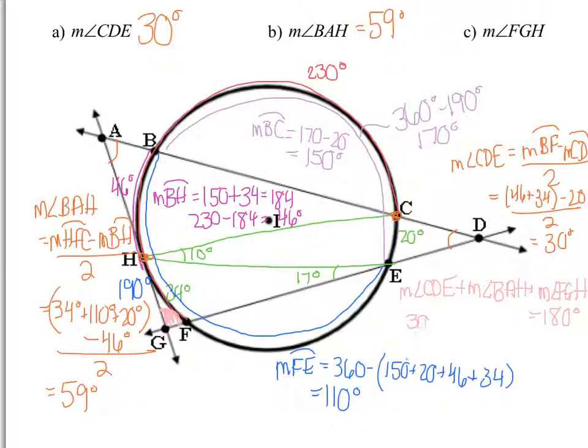So 30 degrees plus 59 degrees is 89 degrees. The measure of angle FGH is 180 degrees minus 89 degrees, which equals 91 degrees. And that is problem 3.